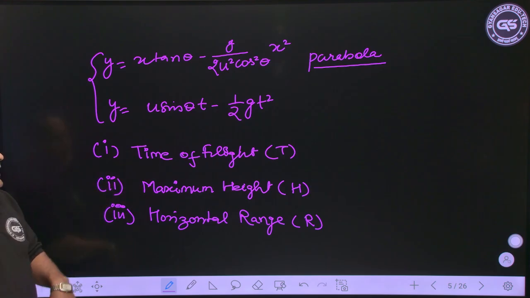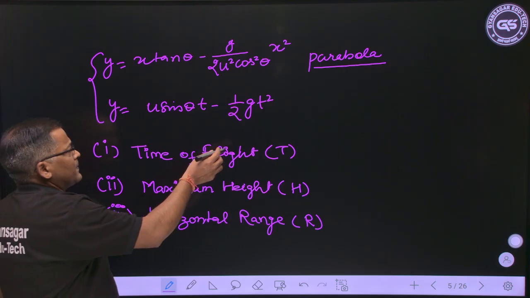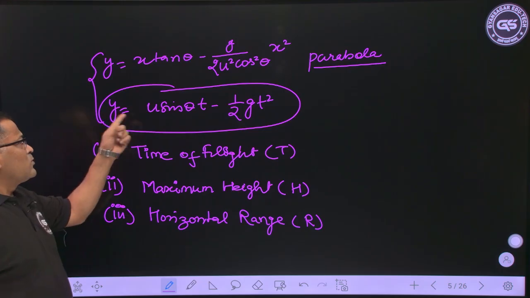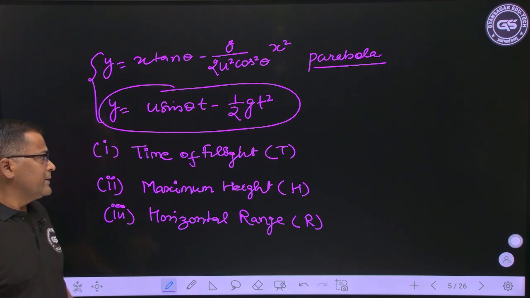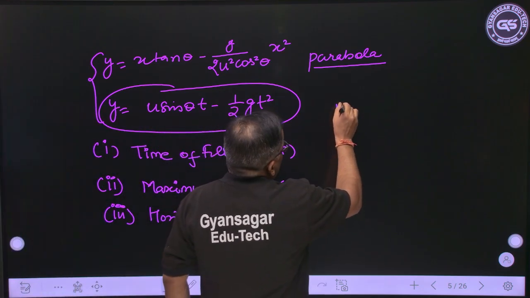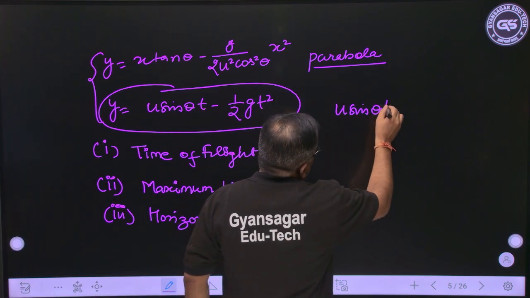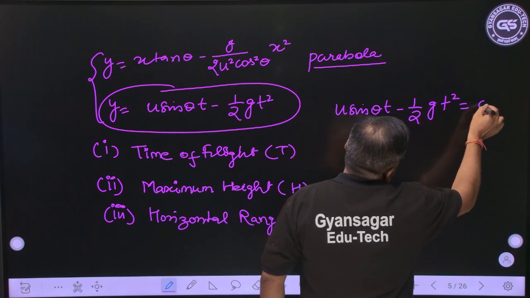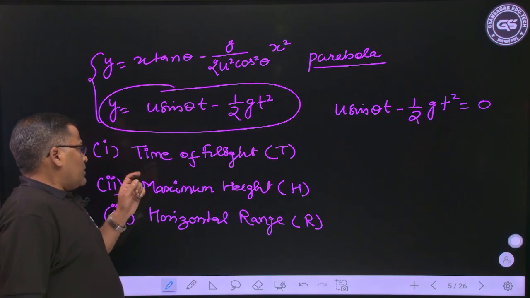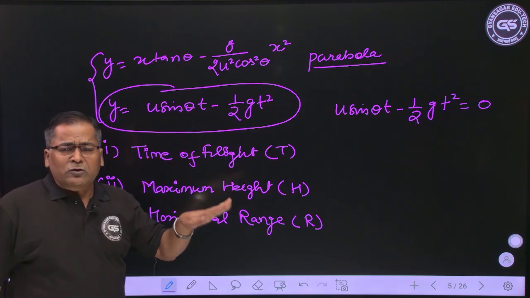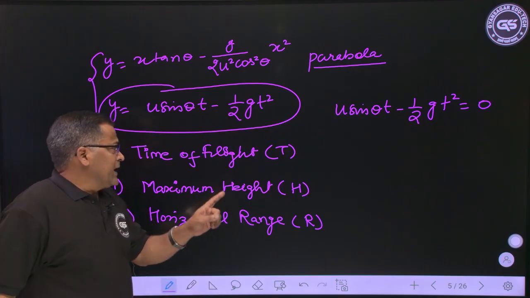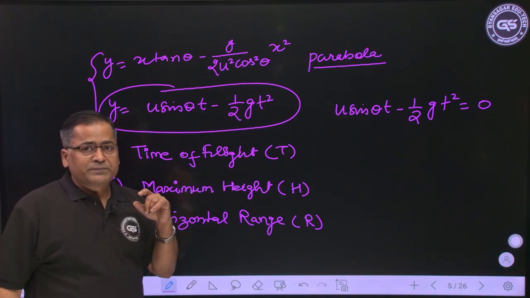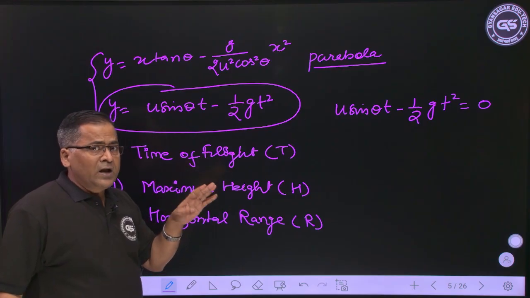Now to find out this thing, I will do one thing. In this equation we can put y equal to 0. Let us do that. u sin theta t minus half gt square equal to 0. When the body has landed on the ground, then it has been in the air for time of flight, capital T. It has landed.